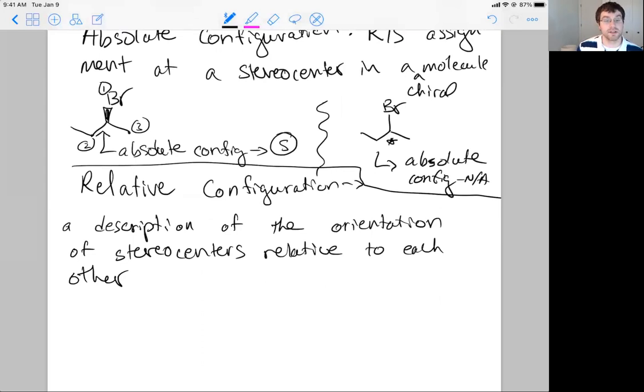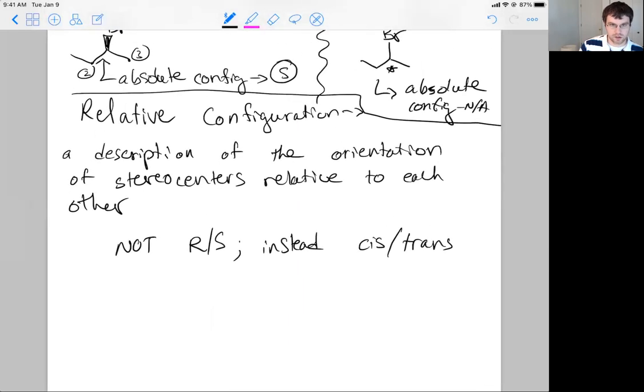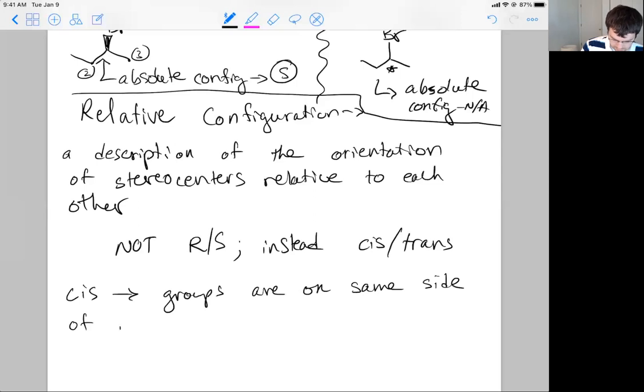Instead of R or S, we're going to use the labels cis or trans. When we say cis, we mean the groups are on the same side of the molecule, whereas with trans, the groups are on opposite sides of the molecule.